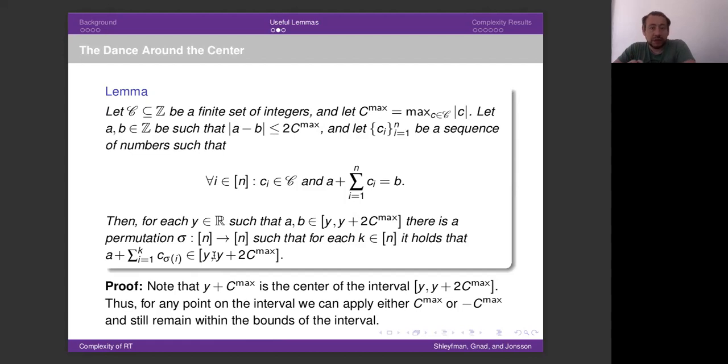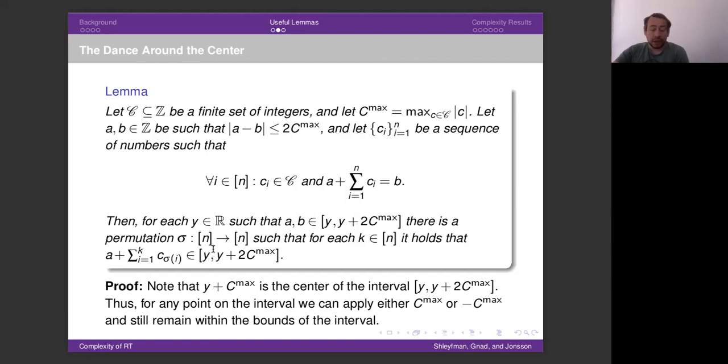And we say as follows. If both A and B belong to the interval of 2 Cmax, then we can rearrange the addition of those Ci's in such a way that all the points will still be within this interval. We need this in the future to rearrange plans to be bounded by some interval.